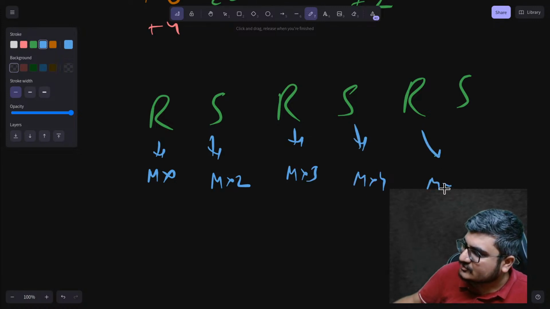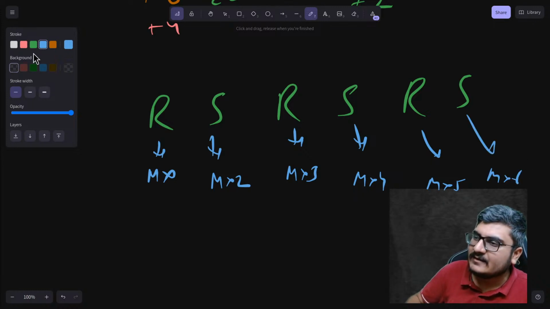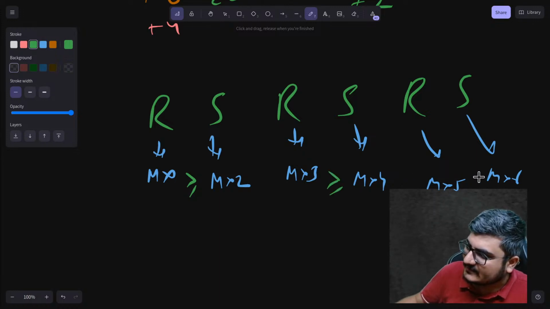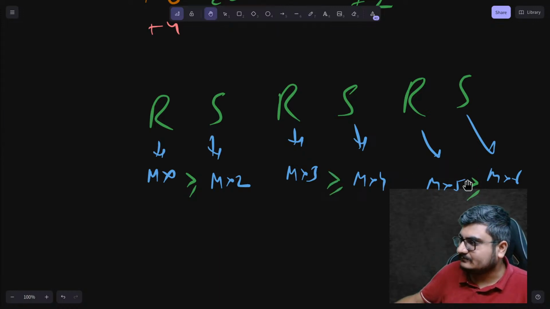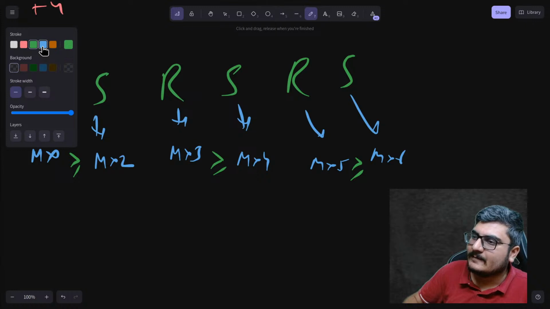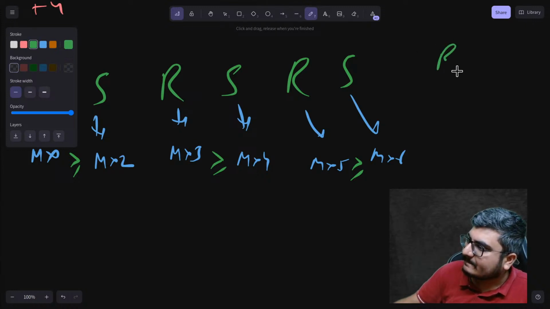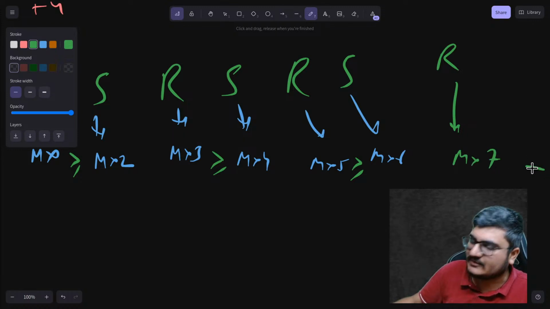Robin Hood will choose the fifth maximum. Sheriff will choose the sixth largest number. In each turn, you can see Robin Hood chooses a value greater than or equal to what Sheriff chooses. And if there is again a Robin Hood chance, then also Robin Hood will get the maximum value and Sheriff will have nothing to take here.